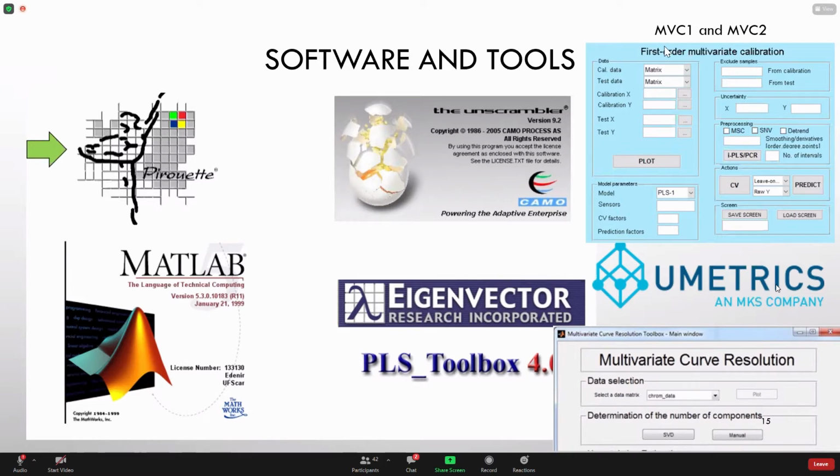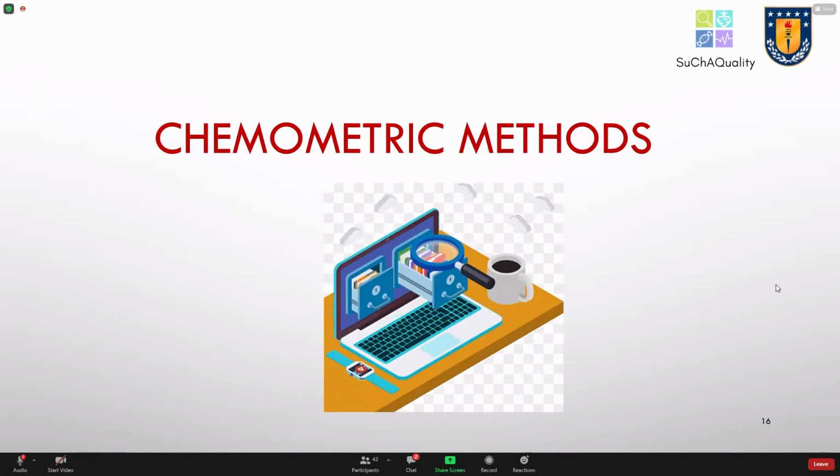So we will have here analytical figures of merit that are not easy to calculate when multivariate methods are used. So this is another good toolbox, multivariate curve resolution, very famous, from the Universidad de Barcelona group, and it is also available free on the internet.